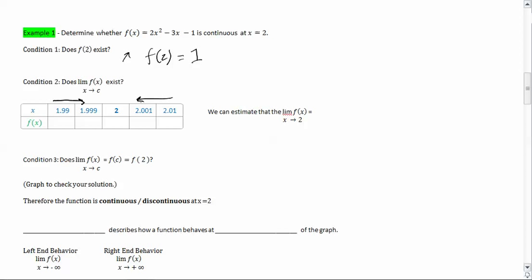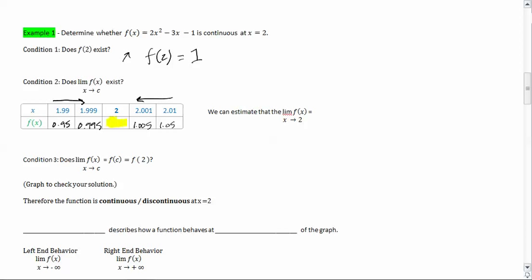So when we work these out, we get 0.95, 0.995, and then when we have 2.001, we have 1.005 and 1.05.